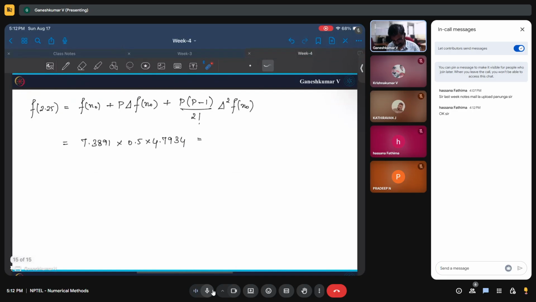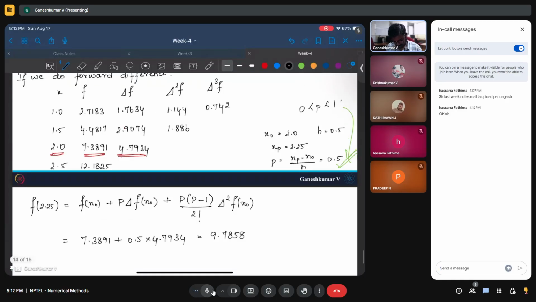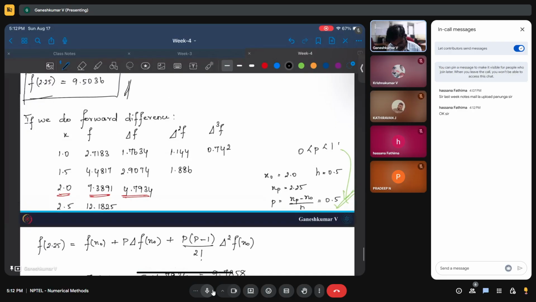So let's say if I do this, 7.3891 plus 0.5 into 4.7934, this is 9.7858. Okay, now check these two values.